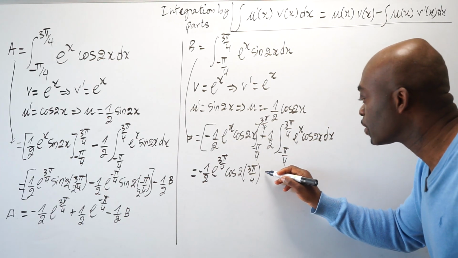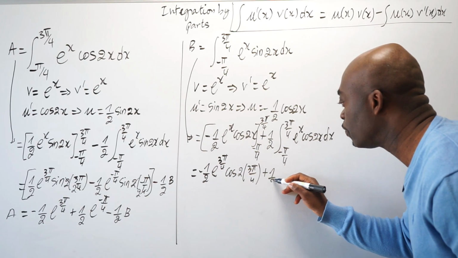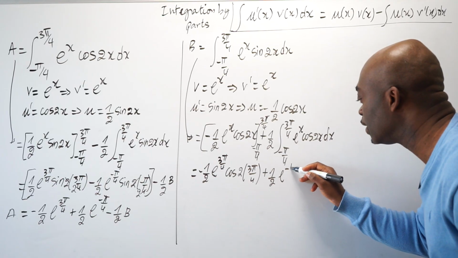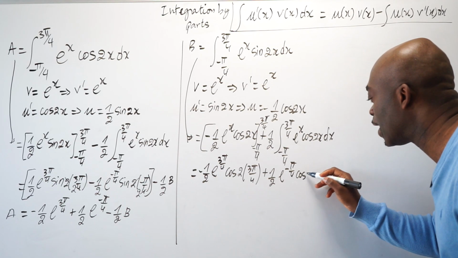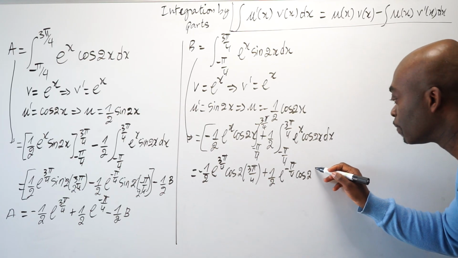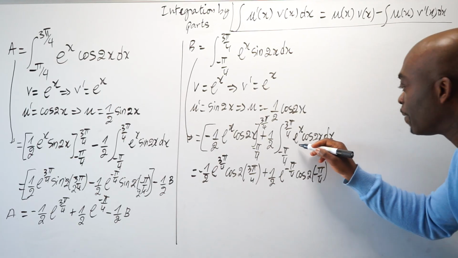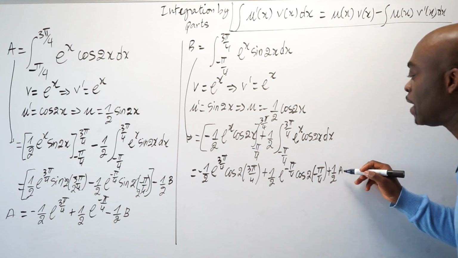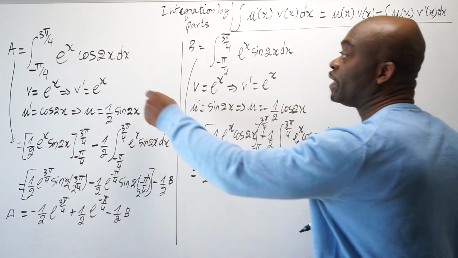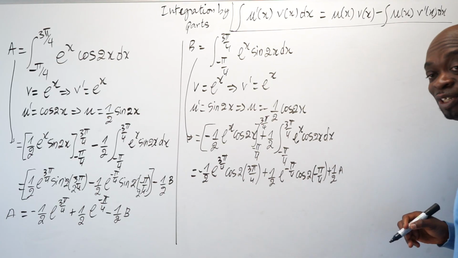So minus, and the negative and negative will give us also plus here, 1 over 2 exponential negative pi over 4 and then cosine twice negative pi over 4. And then plus what? Plus 1 over 2a, because remember, this is the same thing as that. That's why we're calling it a.